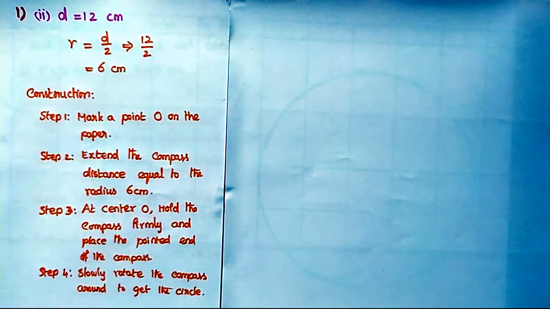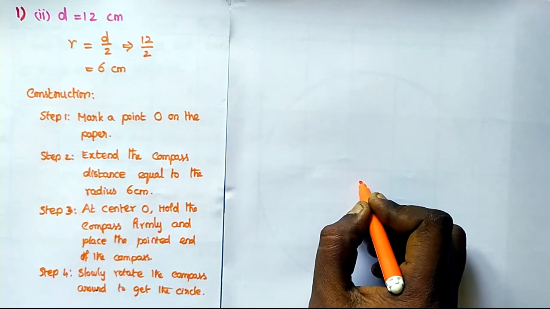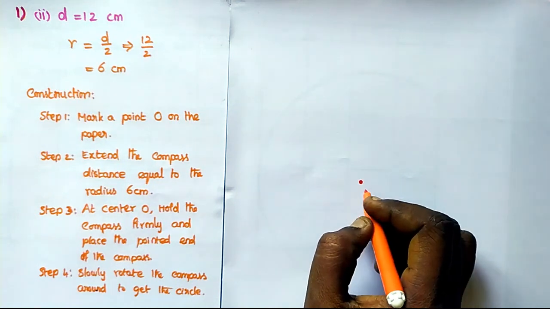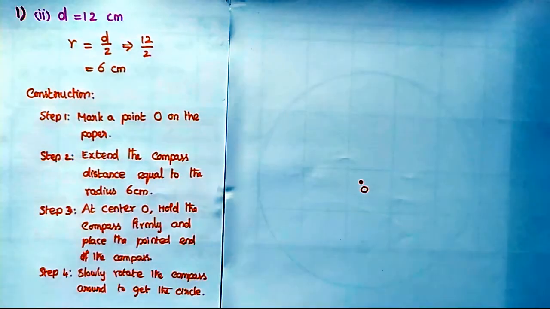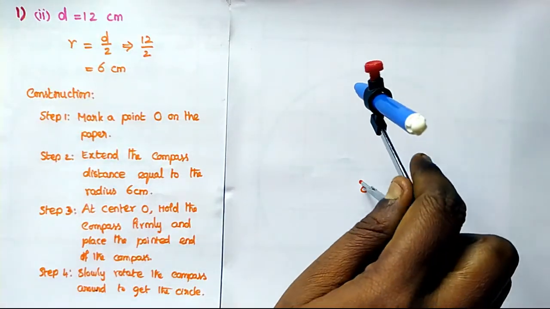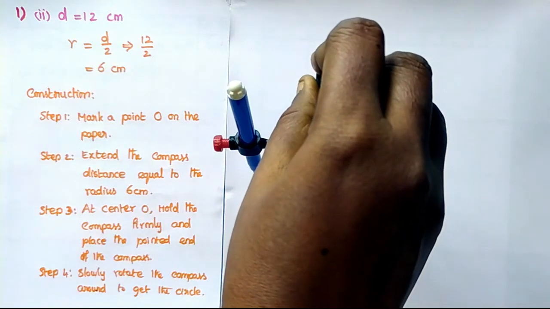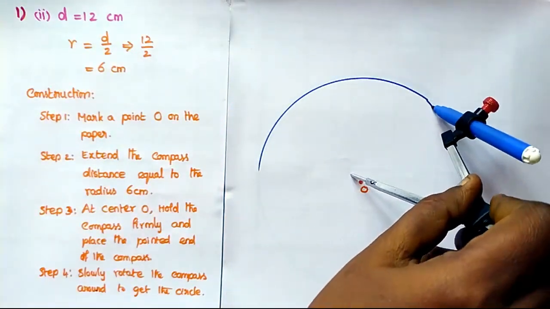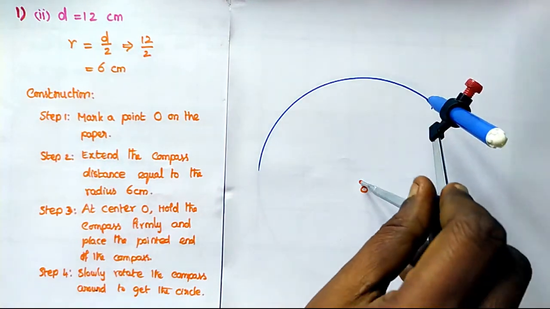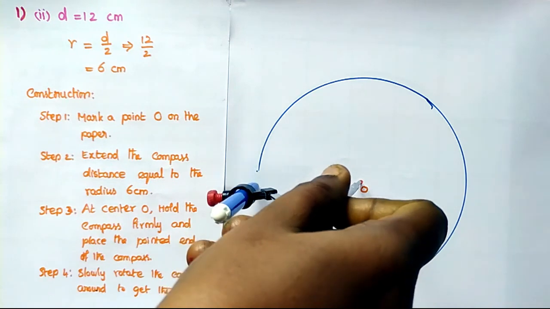Now first step, mark a point O on a paper and then measure 6 centimeter in your compass and draw the circle.